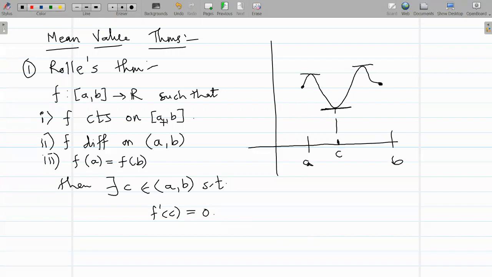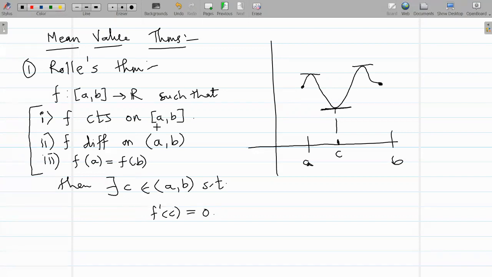See why I was insisting upon the sets on which continuity and differentiability are to be seen, because this is the optimum kind of requirement. If I reduce even one condition, then I may not have any guarantee of the existence of such a c.